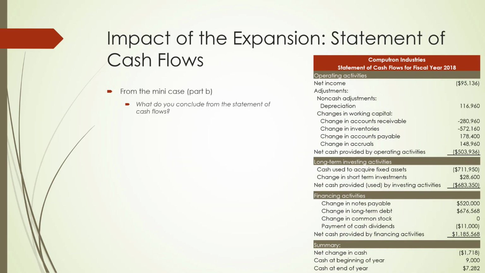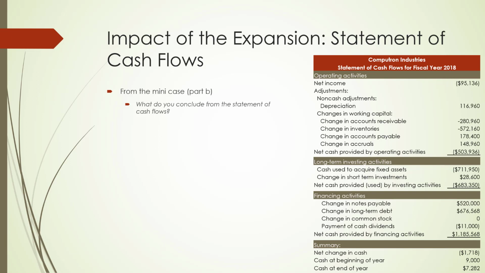And then question B says, what do you conclude from the statement of cash flows? Well, if we look at operating activities, we can see the negative net income, the big increase in depreciation. And then we can also tell that accounts receivable and inventories were also major investments that the firm made, and that they partly paid for those, not completely by a long shot, but partly paid for those increases in accounts receivable and inventories with accounts payable and accruals.